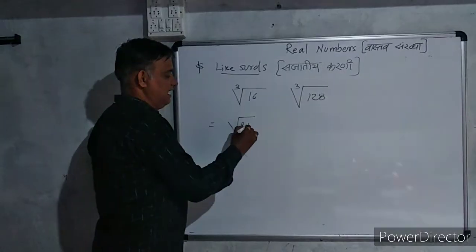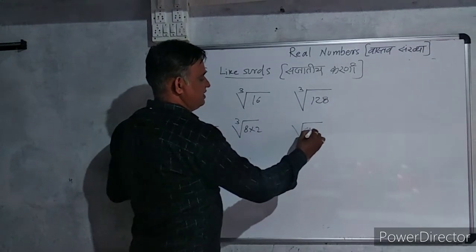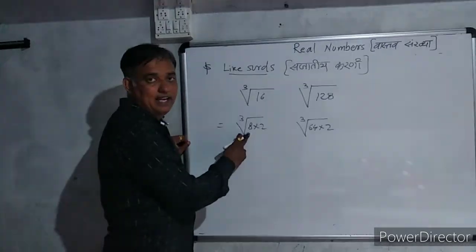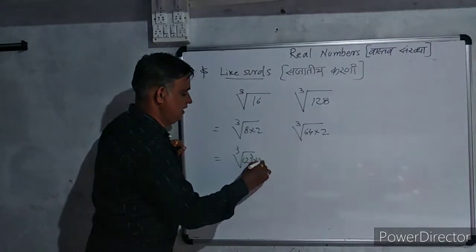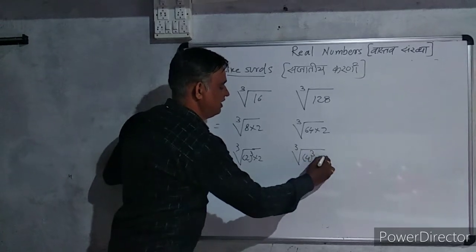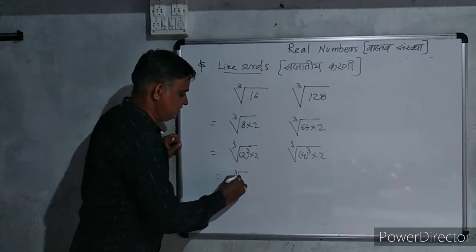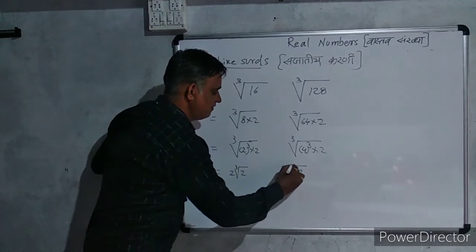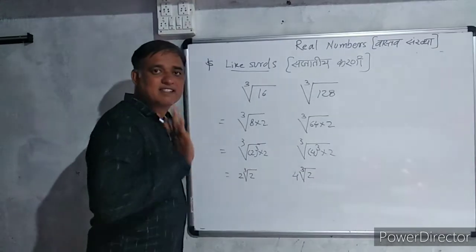So we can write 8 into 2 of order 3 here, and 64 into 2 of order 3. 8 is the cube of 2, into 2. 64 is the cube of 4, into 2. Order and power are the same, so 2 comes out of the radicand. Here also, so 4 comes out of the radicand. Now their radicand and their order are the same, so they are like surds.